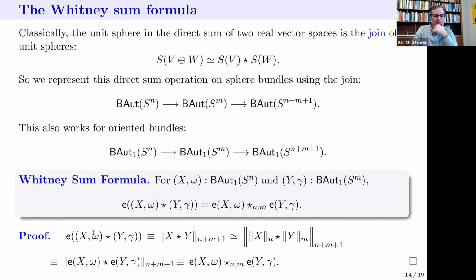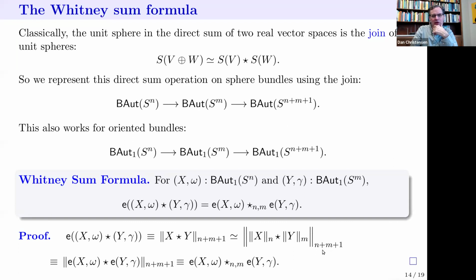So the join operation on fibers takes the join of the types, and then I truncate it to do the Euler class. And then that same lemma that let us do the orientation on the Euler class also tells us that I can insert n truncations and m truncations here without changing things up to n plus m plus 1 equivalents. So again, there's a lemma about connectivity of maps between joins here.